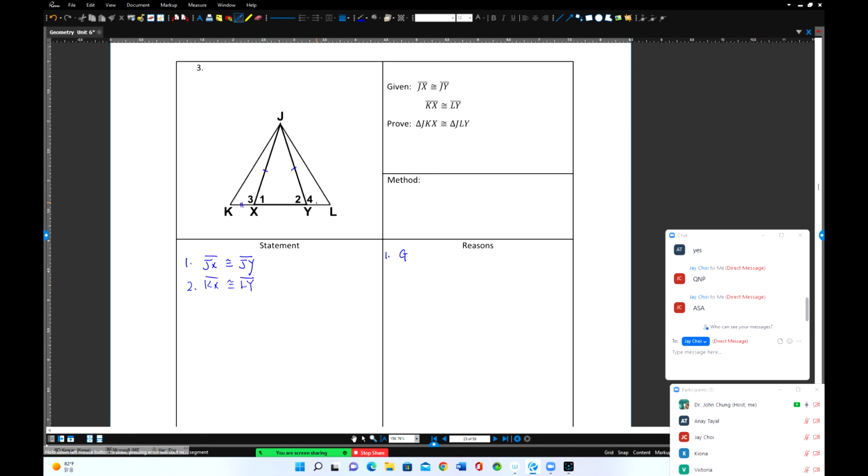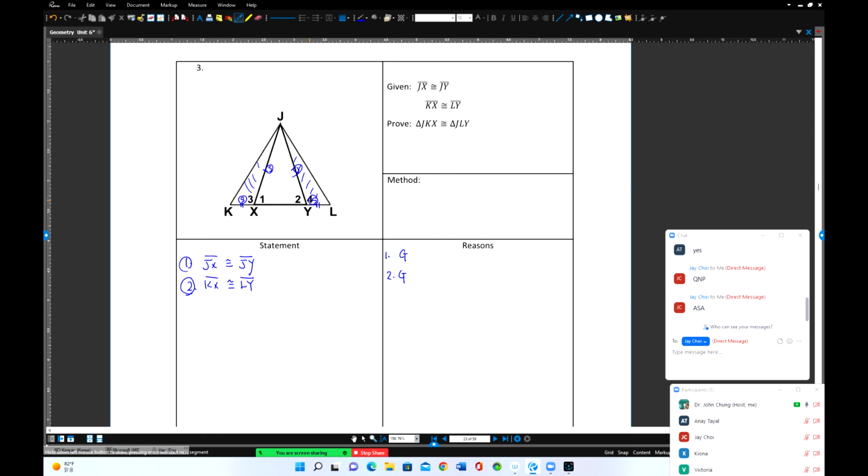These two sides are congruent. That's the given. So we're going to prove triangle JKX, this triangle, is congruent to the other triangle. But you already got two sides. This is a side, this is another side. We got two sides already.